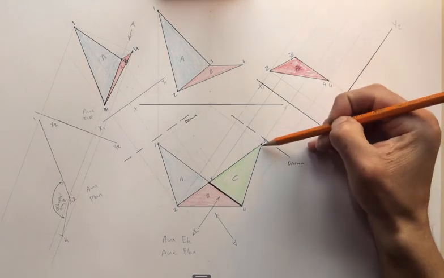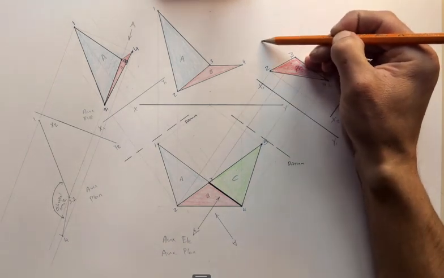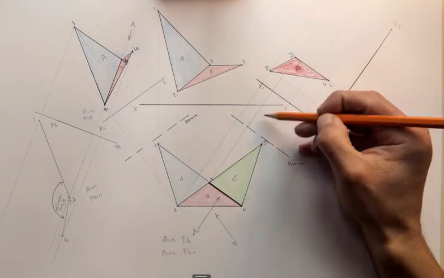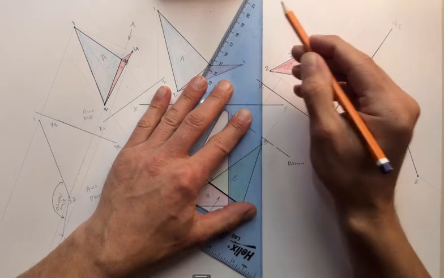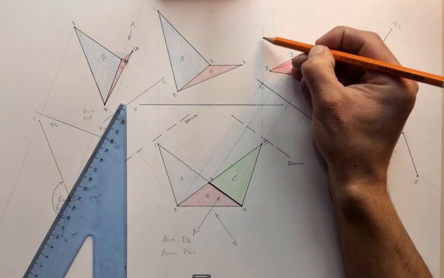To do that, point 5 in the question is slightly above 3 and 4 in elevation. So in other words, when I have my original elevation, I project up 5. It's up here someplace. It's higher than 3 and 4.